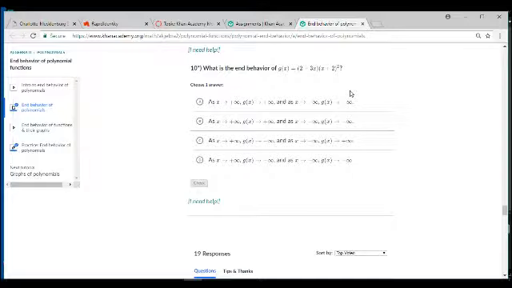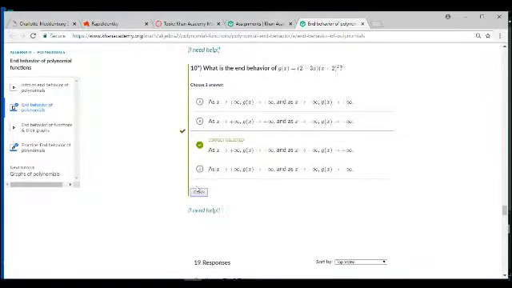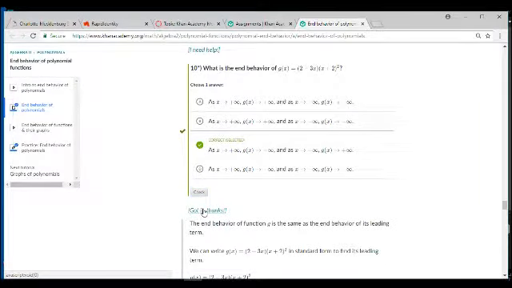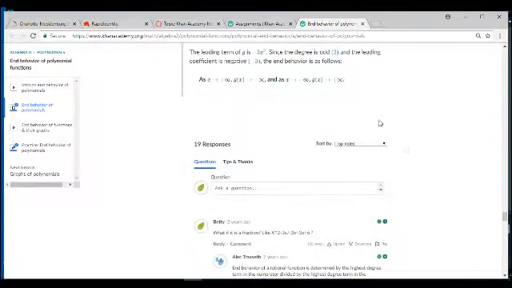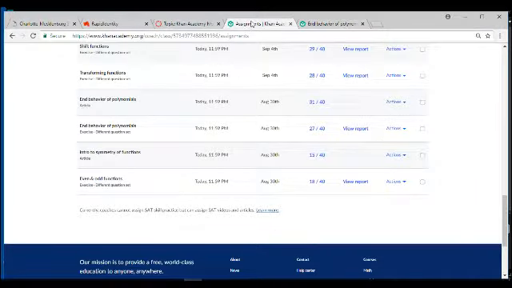So the main thing is, our leading term would be negative 3x cubed. So when you have negative 3x cubed, as x approaches infinity, f of x would approach negative infinity. So we'd have it switched like this. Okay. Once again, if you need help, always use those hints. The explanations are quite good in my opinion. Okay, so that's the end behavior of polynomials article.